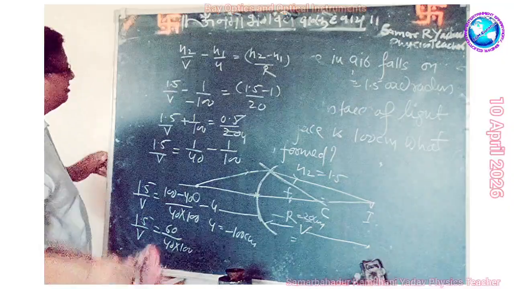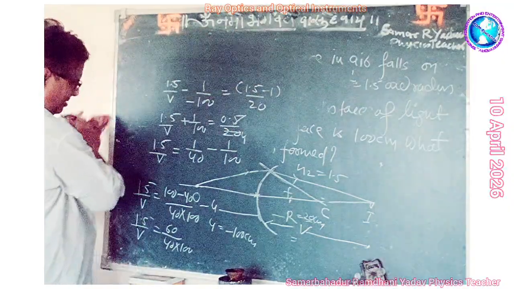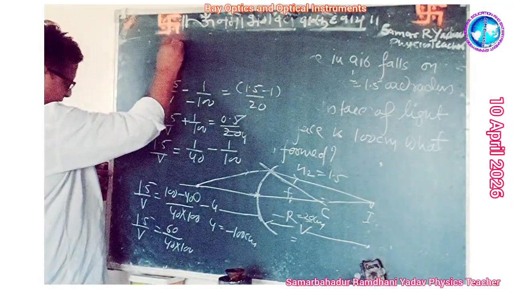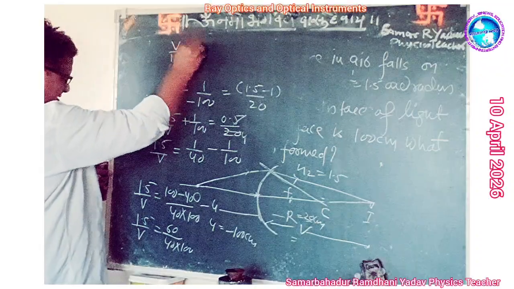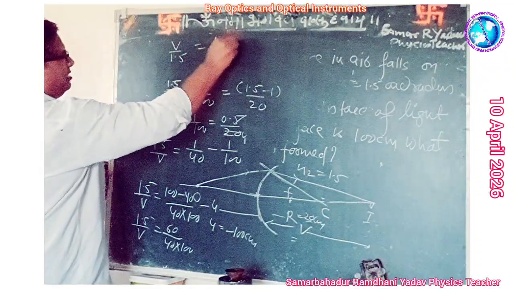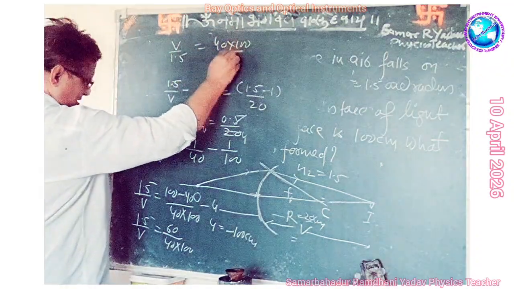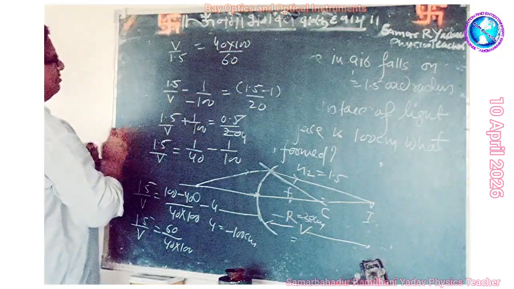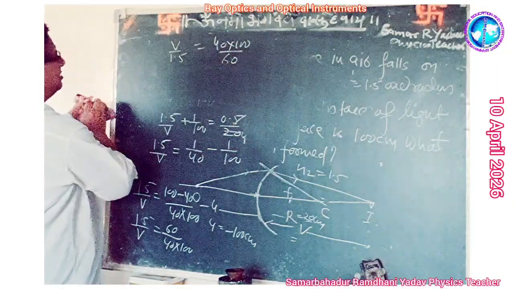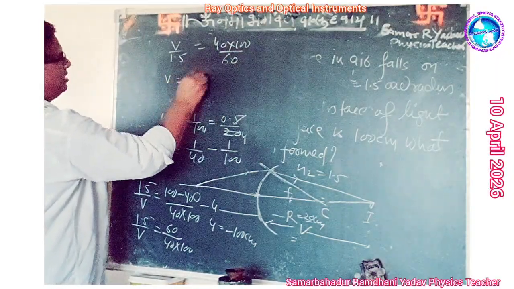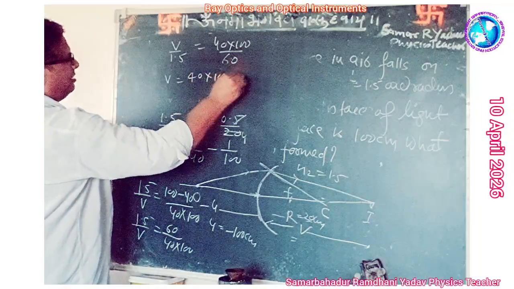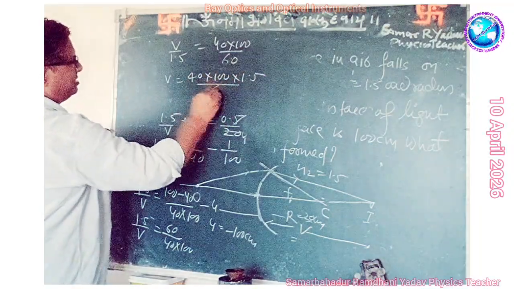Now simplifying, we get v upon 1.5 is equal to 40 into 100 upon 60. Now to solve, we get v is equal to 40 into 100 into 1.5 upon 60.